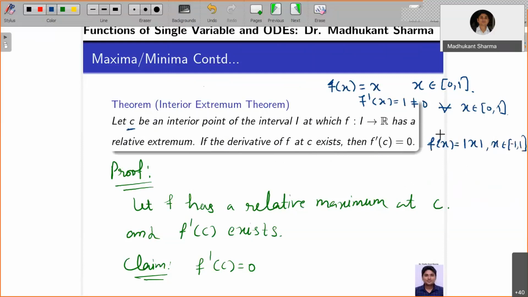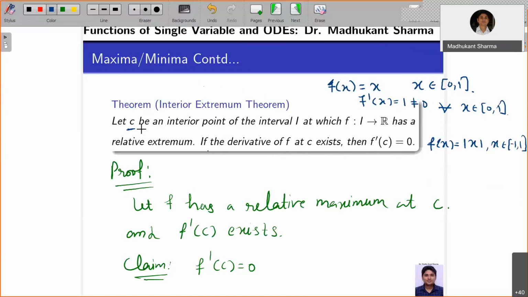The function is minimum at x equals 0, and 0 is an interior point, and f has a relative extremum at 0, but the function is not differentiable. So this theorem will not help in this example.